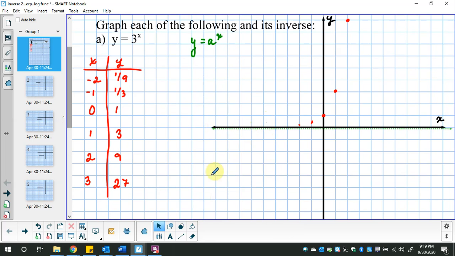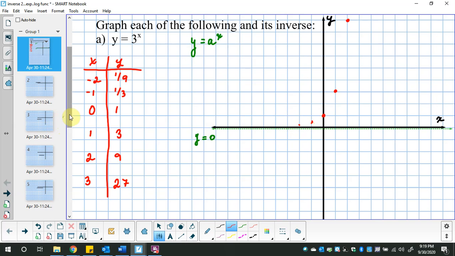So I'm going to put it there just so you can see it. That will have a label of y equals 0. Everything gets labeled when you put it on there. That means as I start to input larger negative values, so -3, -4, -5, this curve is getting closer and closer to the x-axis, but it's never ever touching it.